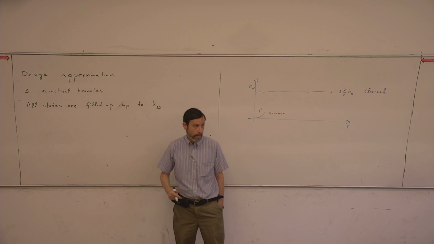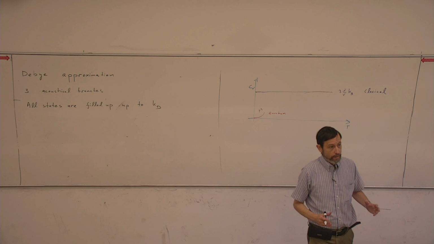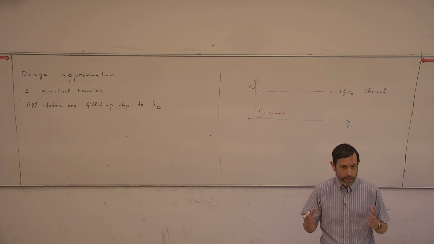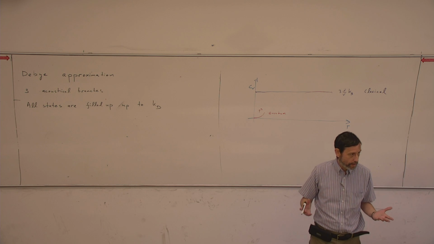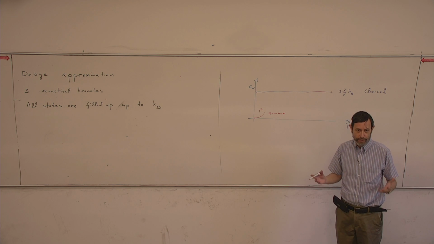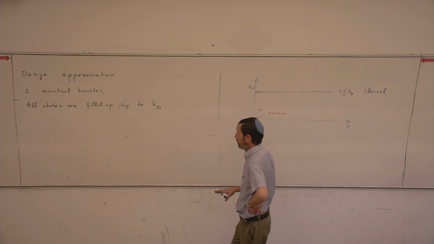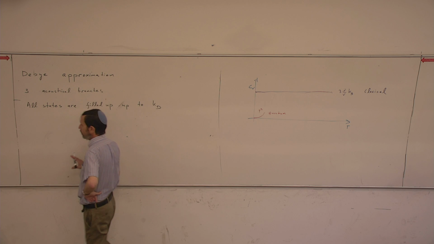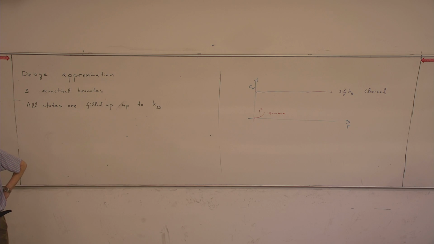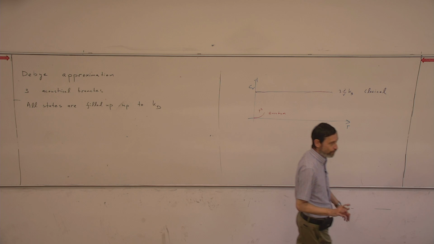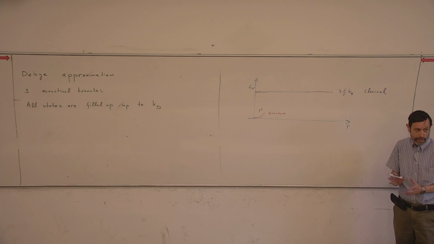KD is K Debye. Instead of worrying about the change in occupation of these phonons as a function of K, I use a very crude approximation and say they are all filled up to some KD, they're all empty above that KD. I won't try to convince you that it's a good approximation because it's not.